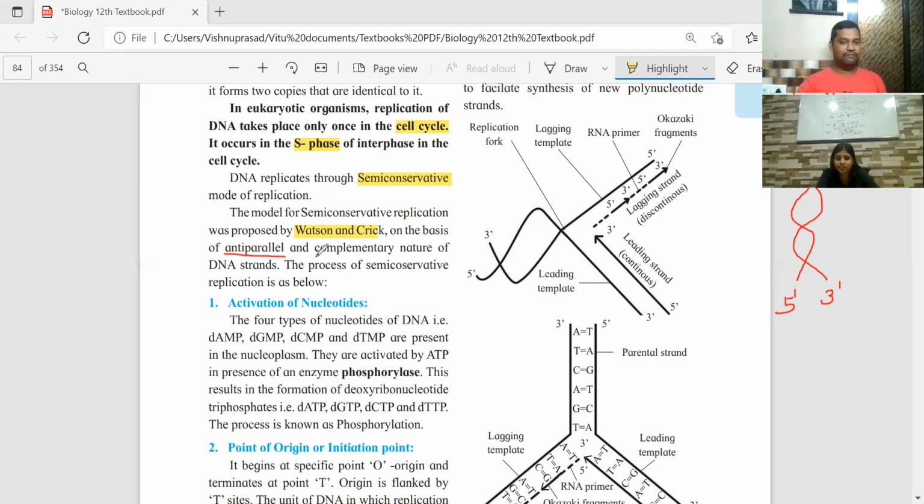And it is complementary: there should be T on the other side for A and vice versa, and G and C. The point of the Watson-Crick model is that both the strands of DNA are complementary and anti-parallel. These two are the main points used to understand how DNA replication takes place.